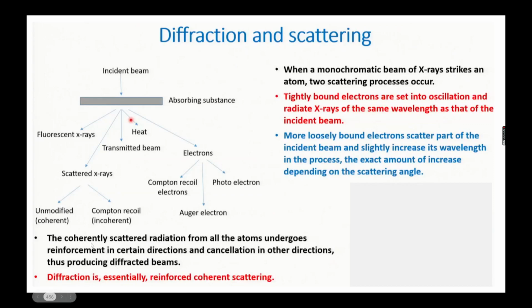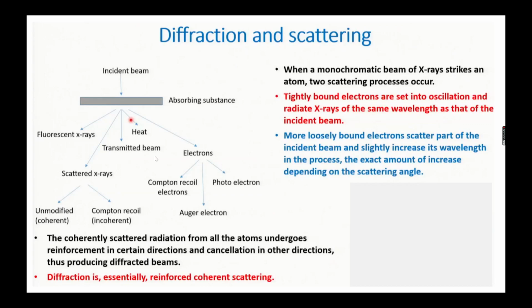The coherently scattered radiation from all the atoms undergoes reinforcement in certain directions and cancellation in other directions, and that's why this will produce the diffracted beam. When the electron is not very strongly bound, it will scatter part of the incident beam and slightly increase its wavelength in the process, and the exact amount of the increase depends on the scattering angle.